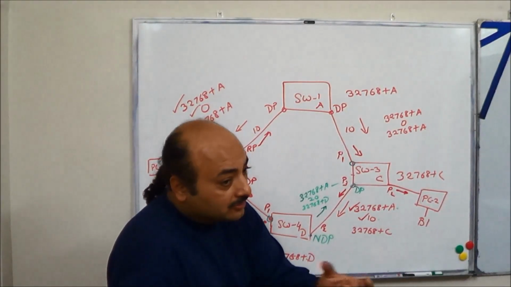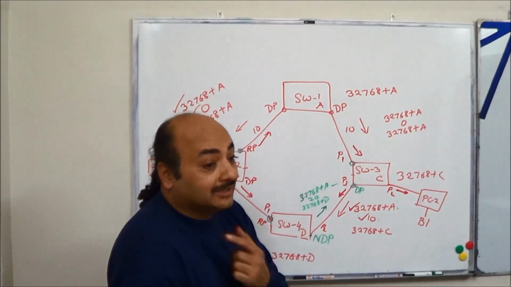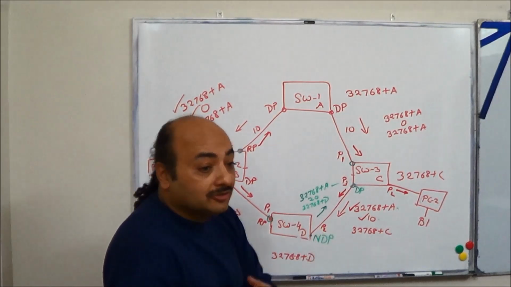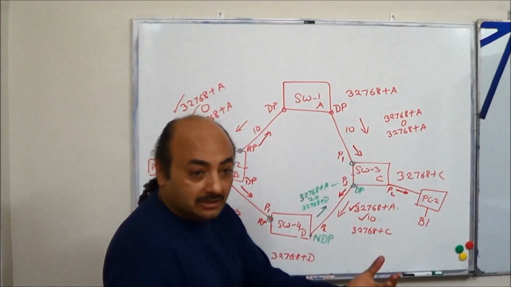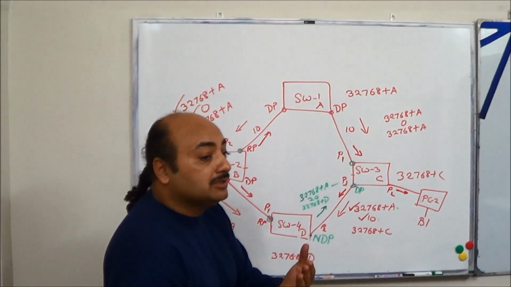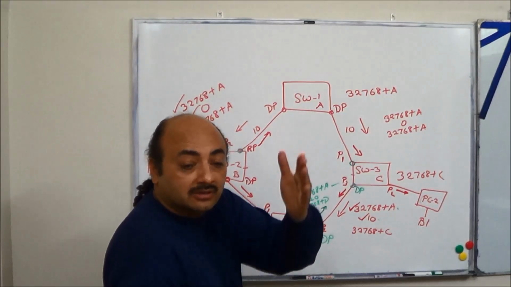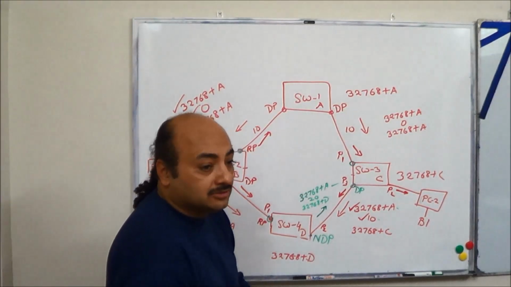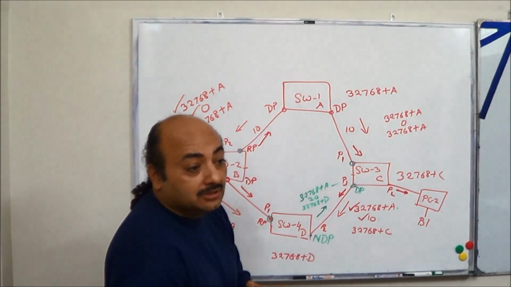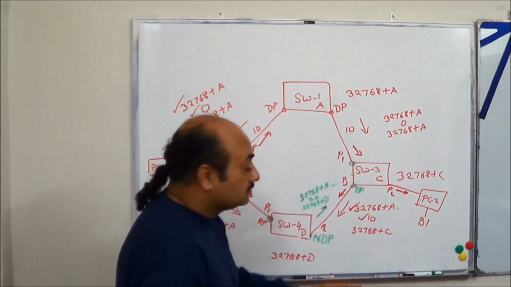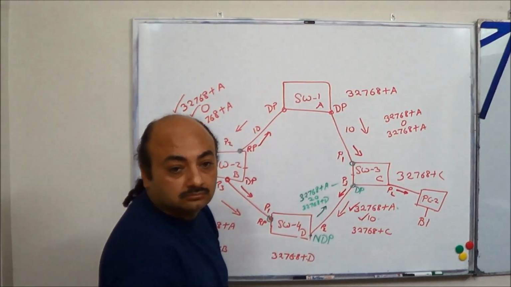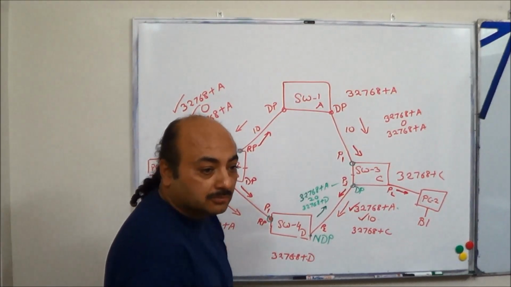We have said RPs will always receive BPDUs. Can we also say NDPs will always receive BPDUs? Just like we said that root ports are the ports that receive BPDUs from the DPs, similarly we can say NDP ports are the ports that receive BPDUs from the DP. Clear on that part?